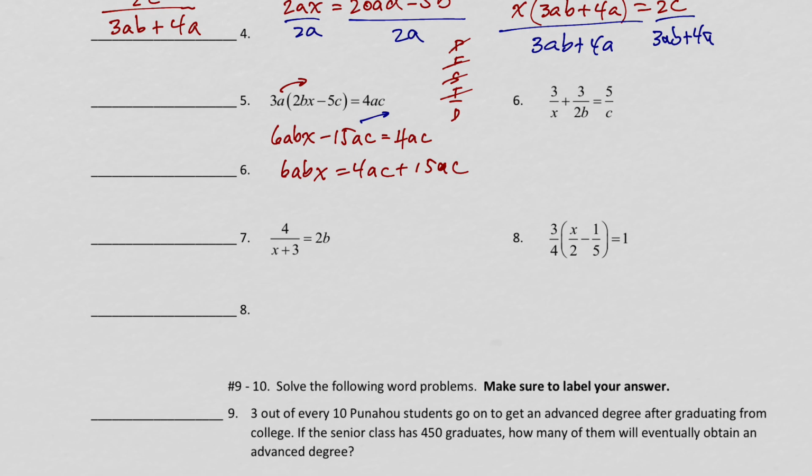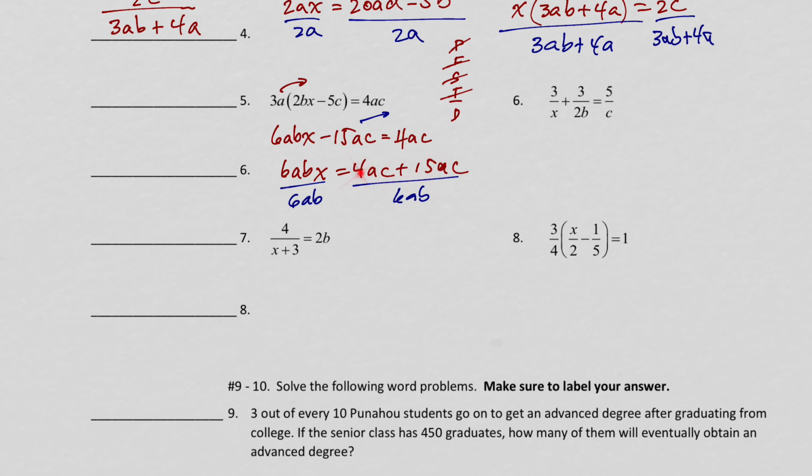And then we're ready to divide. We divide each side by 6ab, and we're going to end up with 4ac plus 15ac. Oh, wait a minute. I got to be careful. Those are like terms, and they have to be combined.